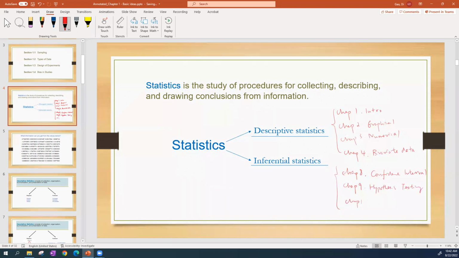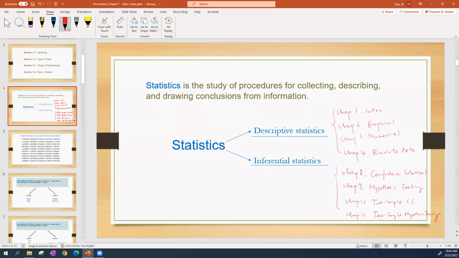We have chapter 10, two-sample confidence interval. And we have chapter 11, two-sample hypothesis testing. So these are about inferential statistics.